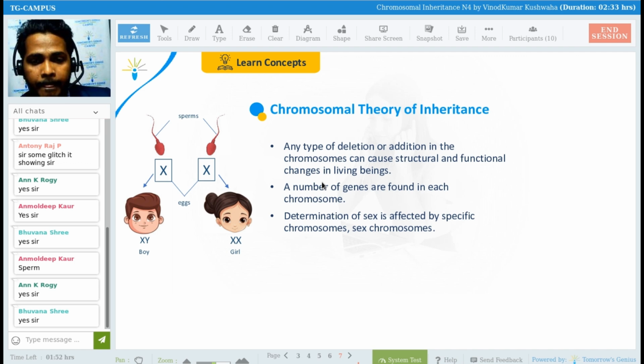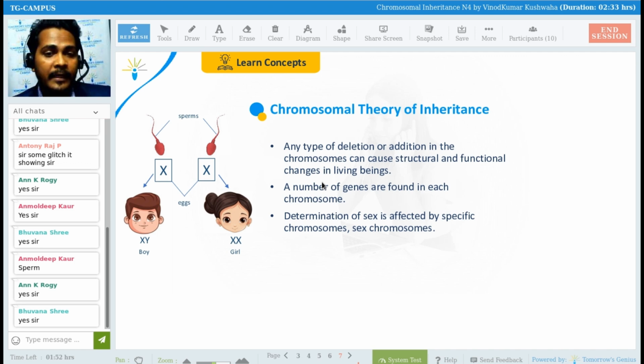I'm not getting your question. Repeat your question again. Will that interaction between genes and alleles happen when it is at the chromosome state? Yes. See, it's very simple. Chromosome is always present in the pair, right? If it is present in the pair, that means the gene is also present in the pair, and this gene is responsible for any kind of deformity.